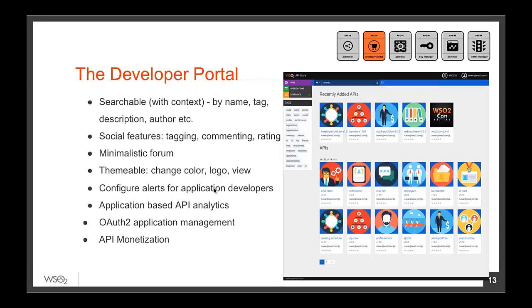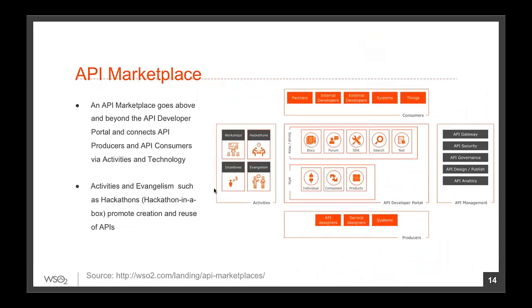Once you have the developer portal and you have application consumers consuming those APIs, testing those APIs and subscribing to them, one part of the story is done. Right? You need to have incentives, you need to have evangelism activities to ensure they can build it in the right way. They have the appropriate documentation, etc., to build applications. So the API marketplace here is this developer portal, as you can see in this diagram.